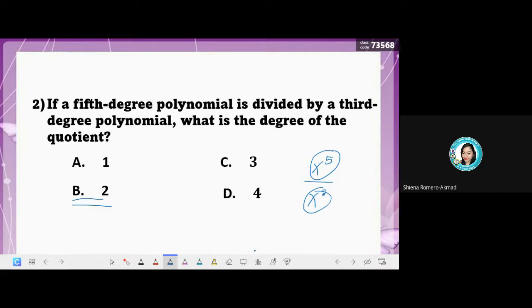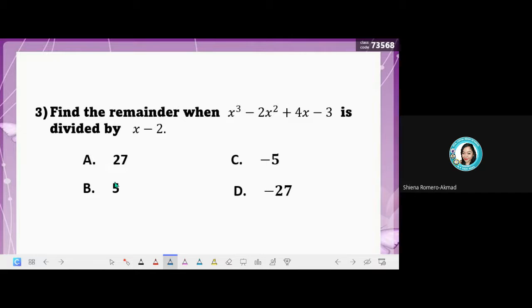So, hindi yan yung polynomial ha, pero ang ginawa natin is visualize natin yung sinabi niya. Let's say, kapag nag-divide na tayo, 5 yung highest exponent ng isang polynomial and yung isang polynomial ay 3, ano yung magiging answer? And the answer here is letter B. Ito, what will be the remainder?